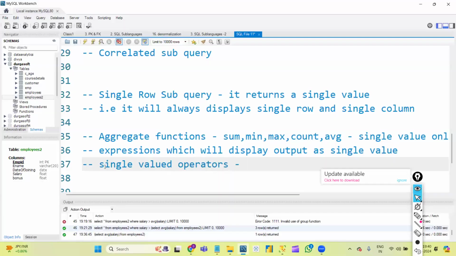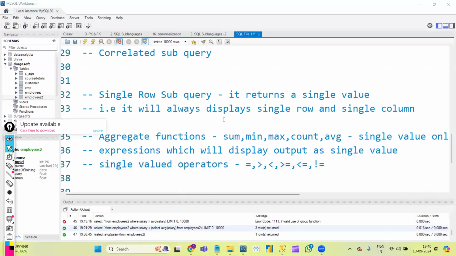Basically, we have some operators which, whenever we deal with them, we get the output as a single value only. Those operators are equals to, greater than, less than, greater than or equals to, less than or equals to, and not equals to.